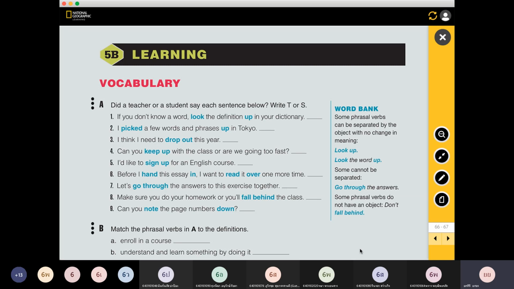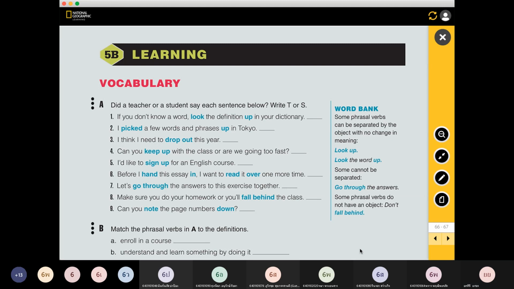Because you can see these words already, but sometimes when it comes to using them, there are many ways. You can split them, or you can just use them. Now when we are talking about phrasal verbs here, I'll just give you the general idea, because I believe that you know phrasal verbs already.